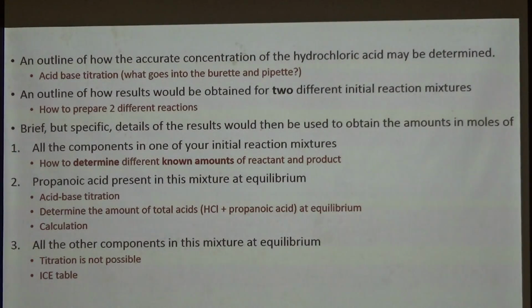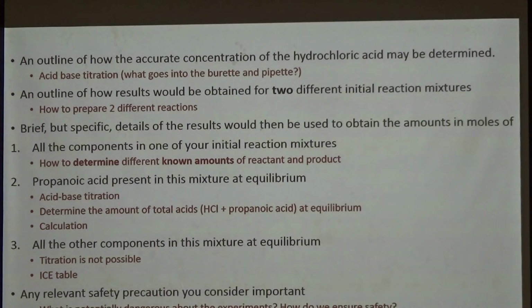What you will find very useful is an ICE table, which is what we've been doing for the past 2 weeks. Because if you have constructed an ICE table, you will be able to find out the equilibrium amounts of all the other reactants that are not acidic. Then the last bullet point, any relevant safety precaution you consider important.